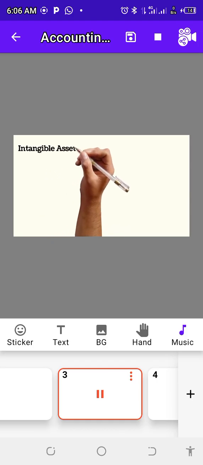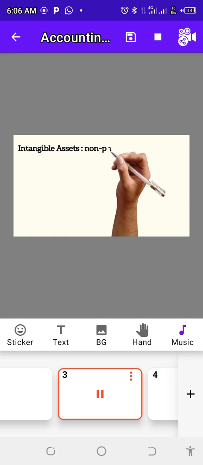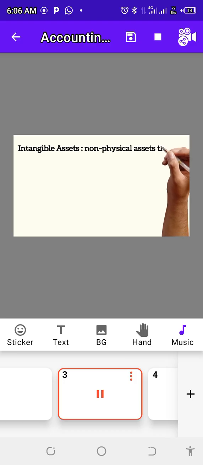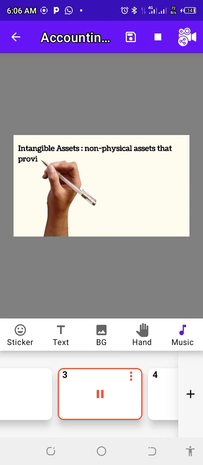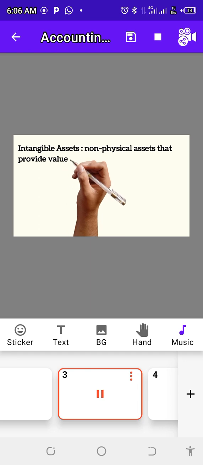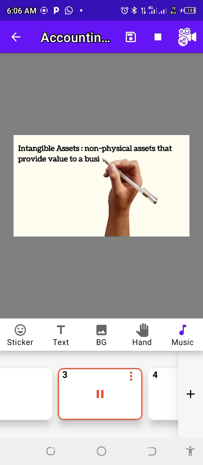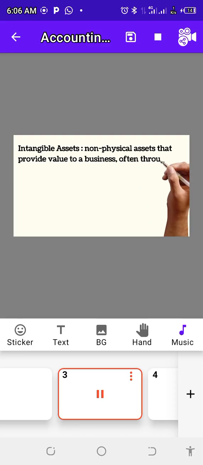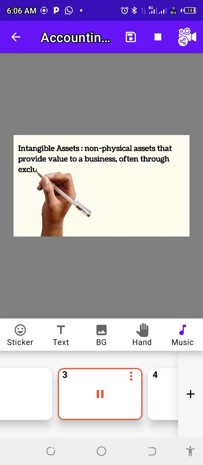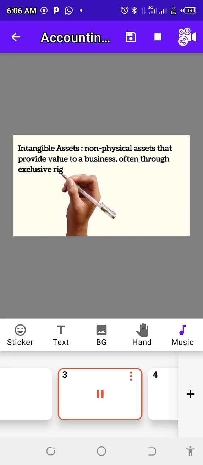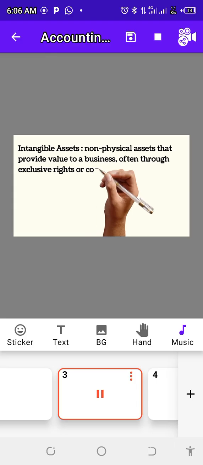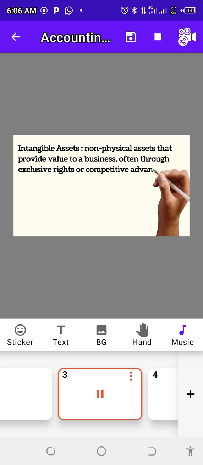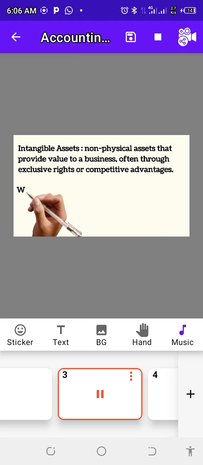Intangible assets. They are non-physical assets that provide value to a business, often through exclusive rights or competitive advantage.